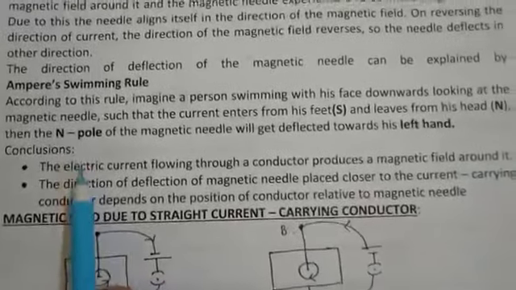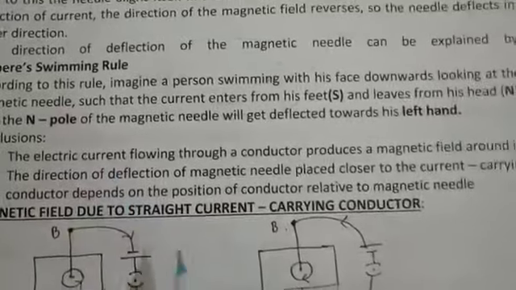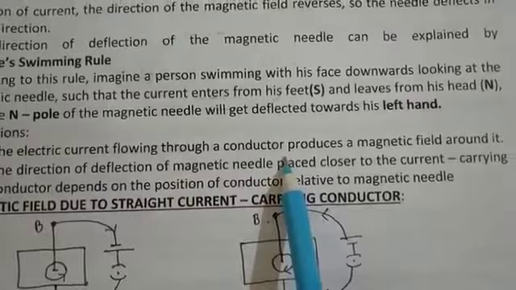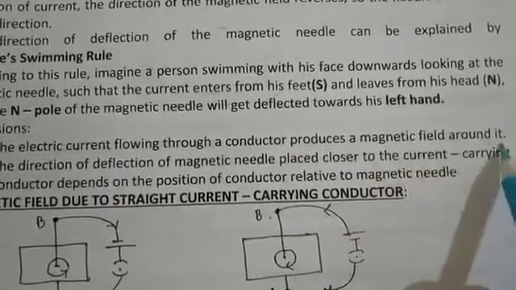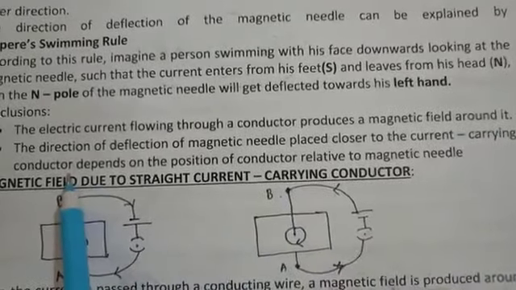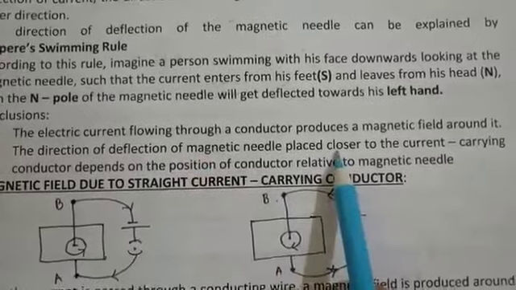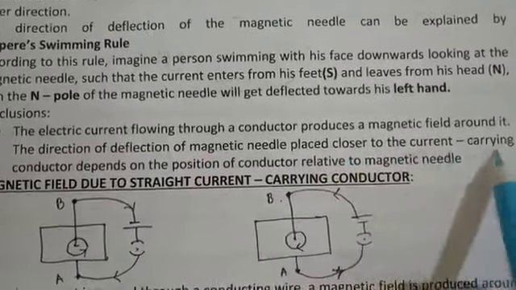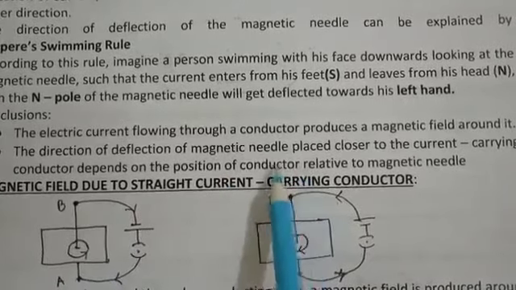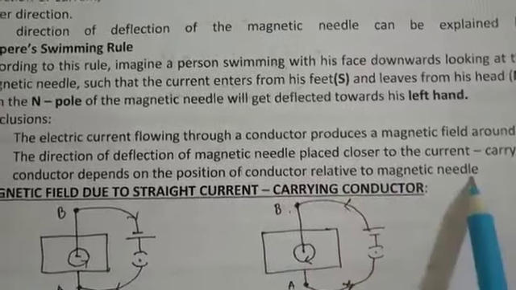Now from this experiment, we have got 2 conclusions. Conclusion 1: the electric current flowing through a conductor produces a magnetic field around it, that we have just seen. Point number 2: the direction of deflection of a magnetic needle placed closer to the current carrying conductor depends upon the position of the conductor relative to the magnetic needle.